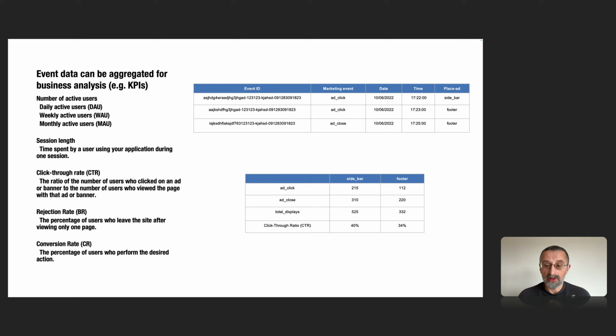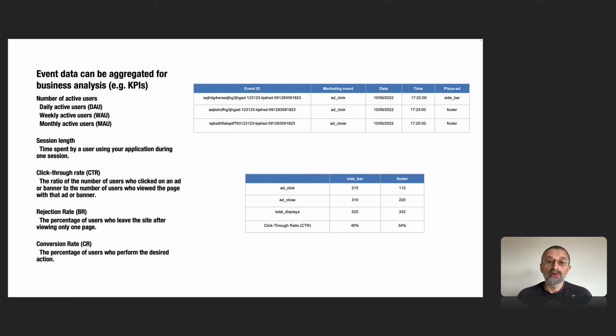Rejection rate, conversion rate, all those numbers are computed via aggregation of event data. As you can see, we have event data here, and after the aggregation of multiple thousands, millions of events, we may find that, for example, the ad-click parameter for the sidebar is 215, but for the footer was 112. So just a group by.